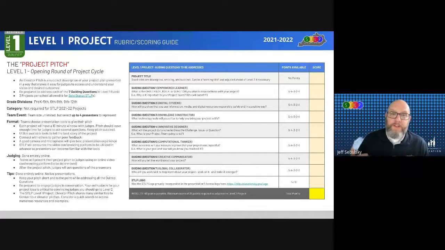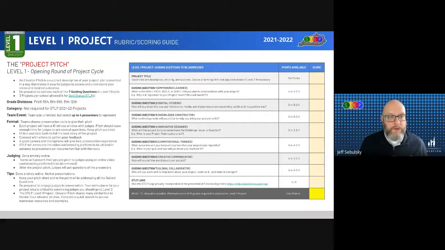But what we are going to do is have your students present on camera to live judges, just like it would be if it was in person. They can now use any tools that they want. So they can share their screen, they can have a slide deck, they could share a website on screen, they could even do a video in advance. Whatever they want to do to incorporate technology for their presentation is okay with us.